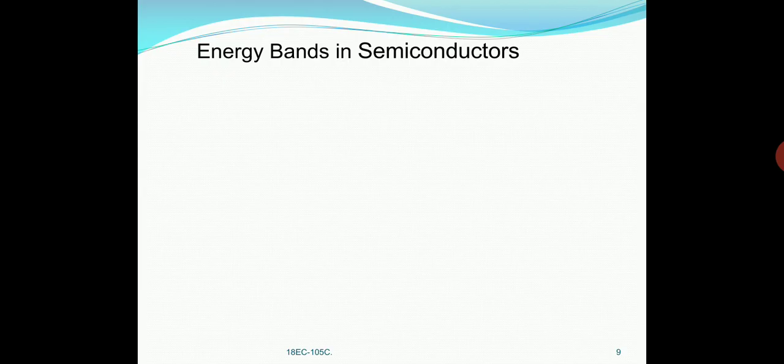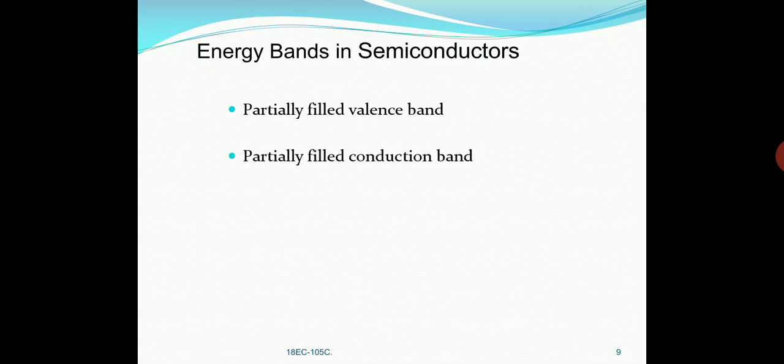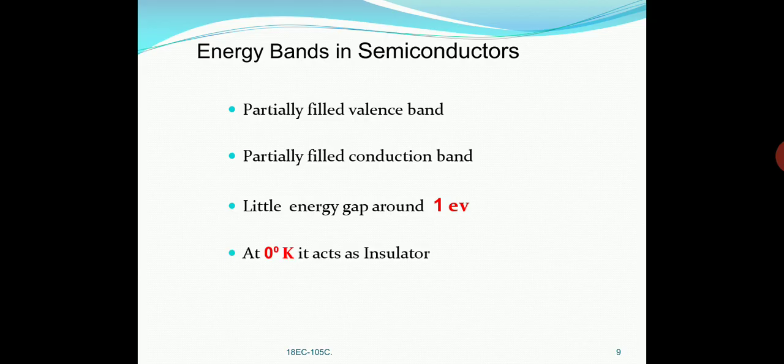The energy bands in the semiconductors: you can see the partially filled valence band, and there is a partially filled conduction band, and the gap between the two bands is the forbidden gap, and that is just 1 electron volt.